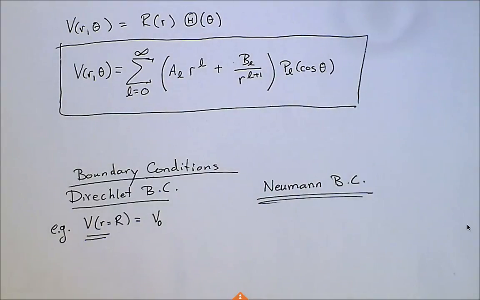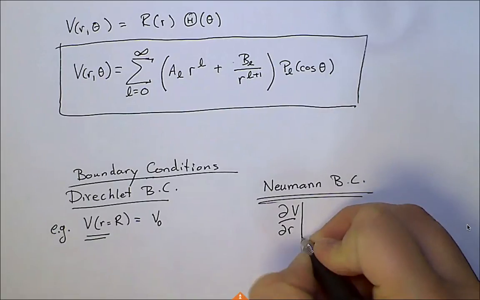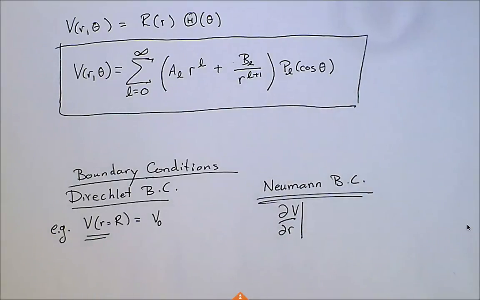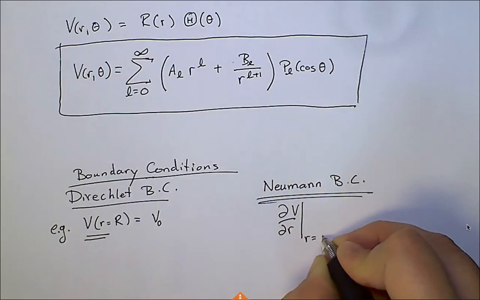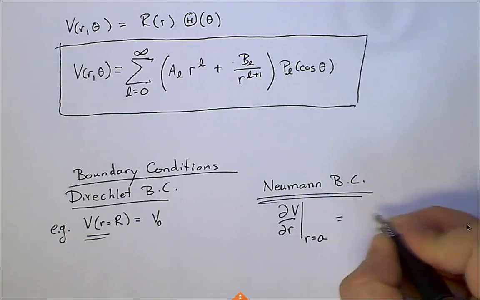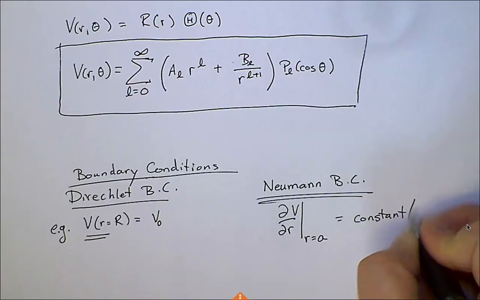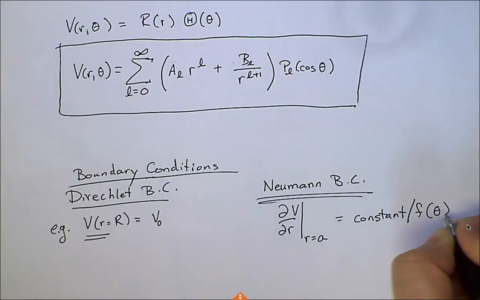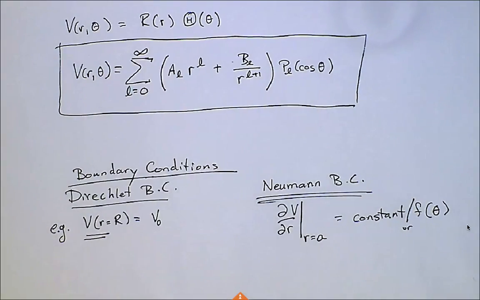And this occurs when you specify what the derivative of V is going to be at a particular location. So perhaps the derivative of V with respect to little r, evaluated at r equals, say, A, and this is going to be equal to some constant or a function of theta, perhaps. Slash means or, just so we're not confused here.